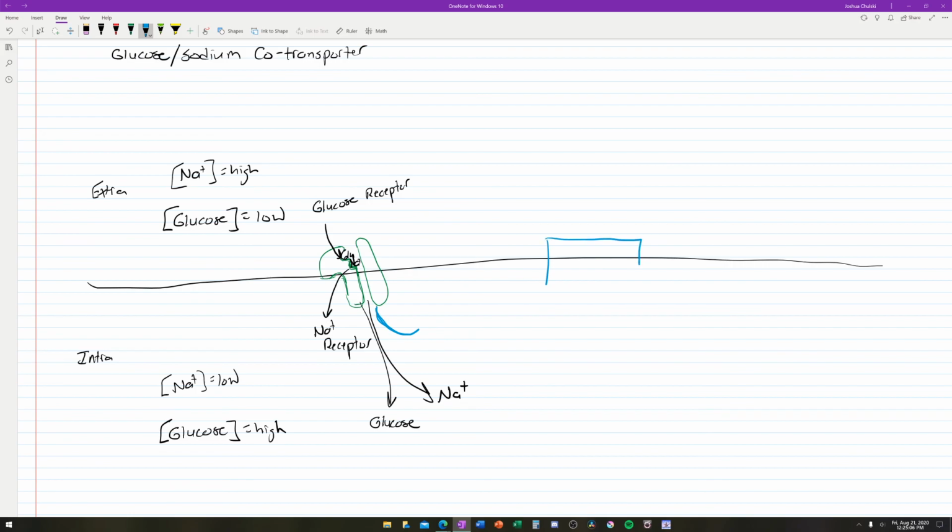But remember, you have the sodium potassium pump. You have several sodium potassium pumps on the cell membrane, and they're going to pick up this sodium and two other sodiums floating around, and pump them out of the cell eventually.